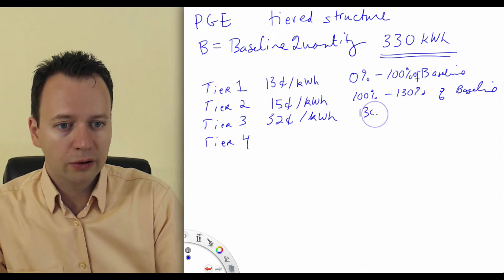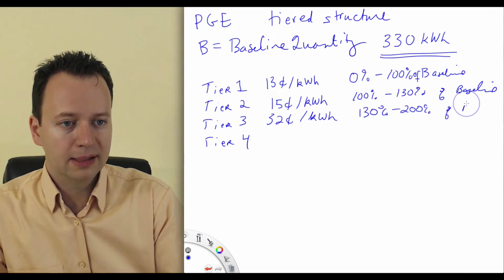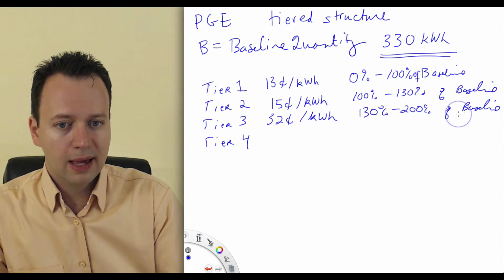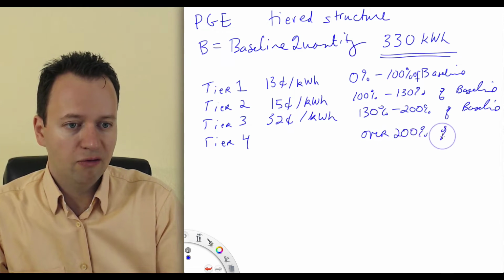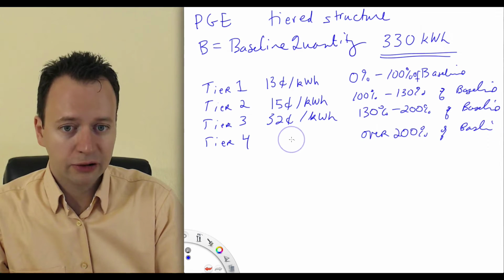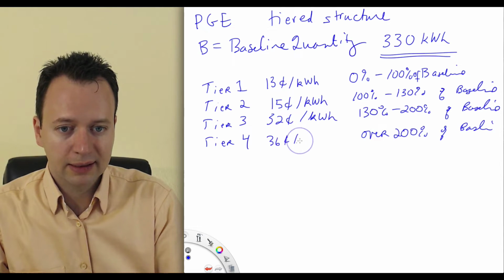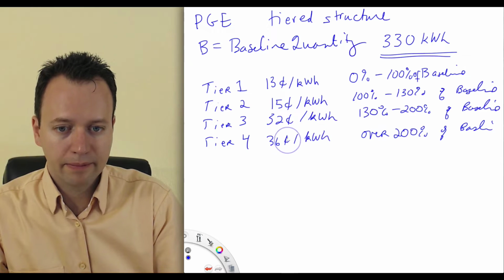And this is from 130% to 200% of the baseline. And then tier 4 is over 200% of baseline, and that's charged at 36 cents per kilowatt hour.